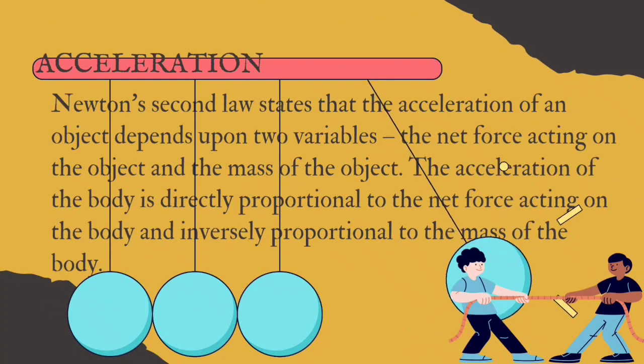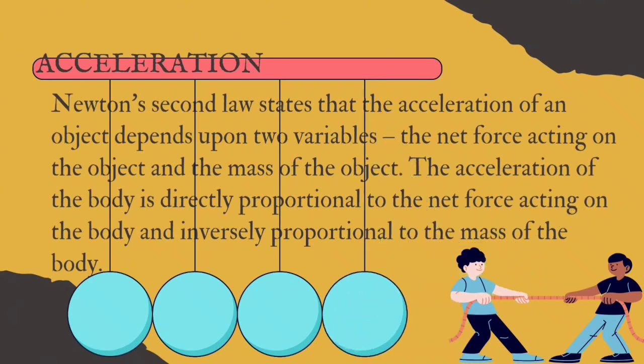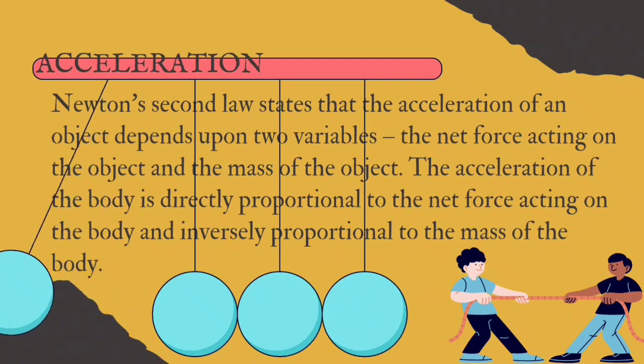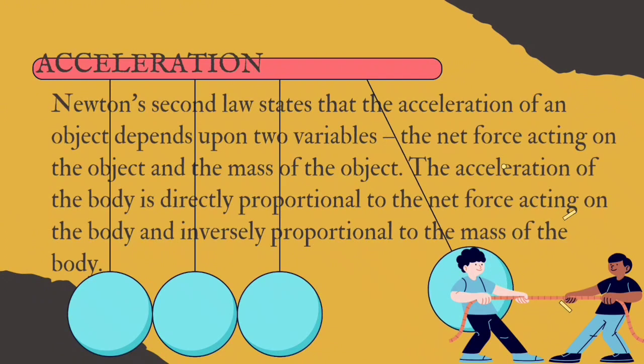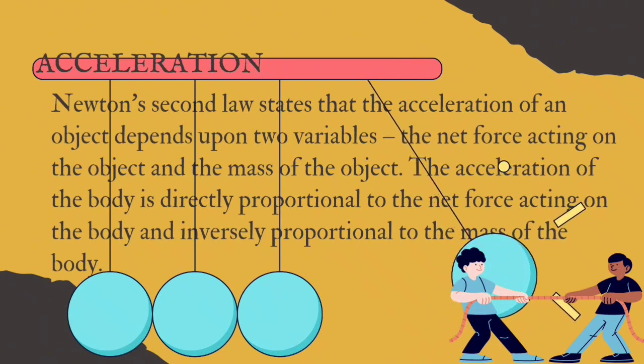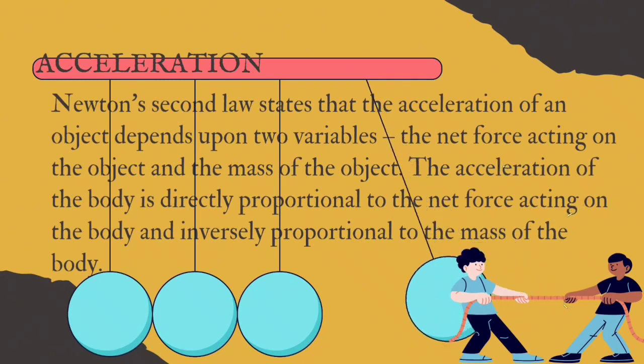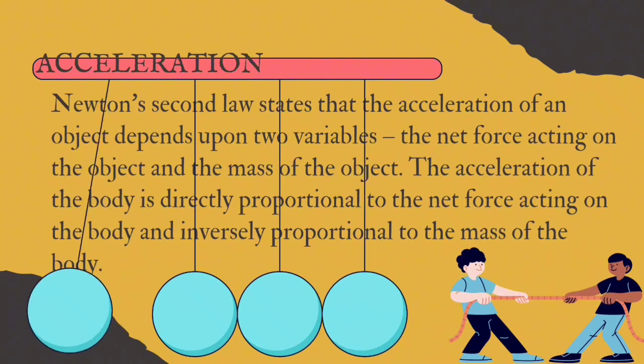Acceleration is a fundamental concept in physics that describes the rate at which an object changes its velocity over time. It can occur in two ways: a change in an object's speed, direction, or both. Acceleration happens when an object speeds up, slows down, or alters its direction of motion. It is calculated by dividing the change in velocity by the time taken for that change to occur.